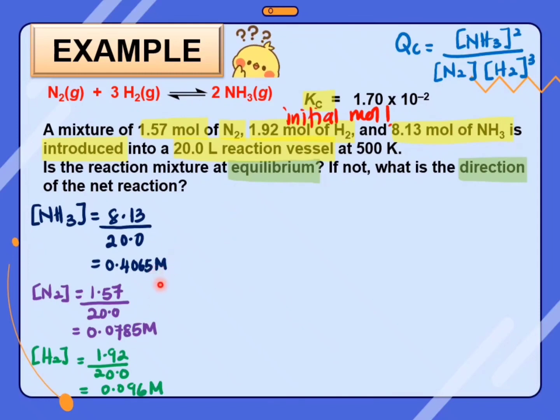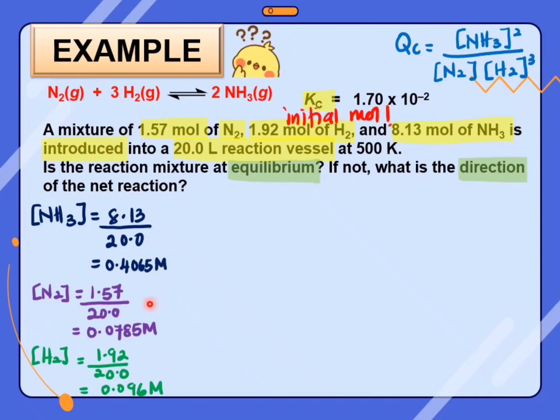Okay guys, so this is the concentration for each reactant and product. Note that to calculate concentration, the moles are divided by the volume in liters. This is the formula of molarity.